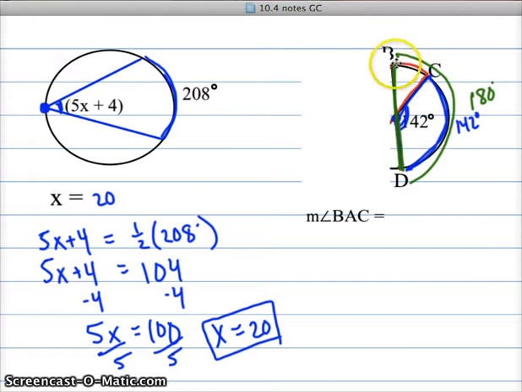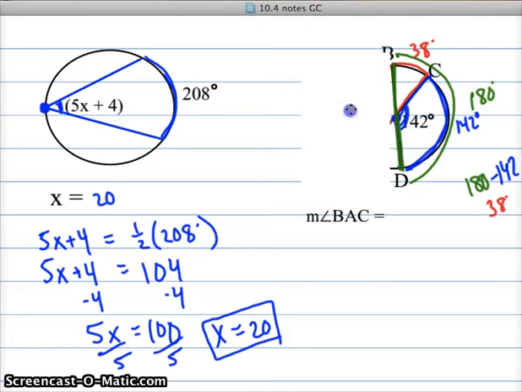If I want to know what that red part is, I would take the whole thing, 180, and I would minus the blue part, 142. And that will give me the red part, which would be 38. So this arc up here is 38 degrees.